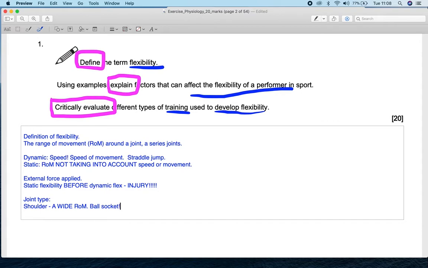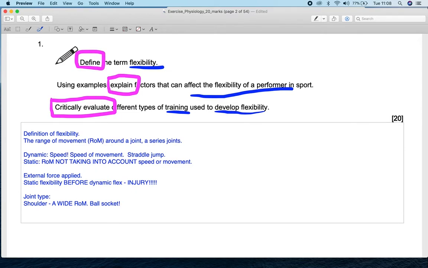You've got hyperextension. We've got all sorts of movements going on within that shoulder joint. And in comparison to a hinge joint, it becomes much more flexible. Okay, so our joint type is a really big factor in explaining the flexibility of a performer.